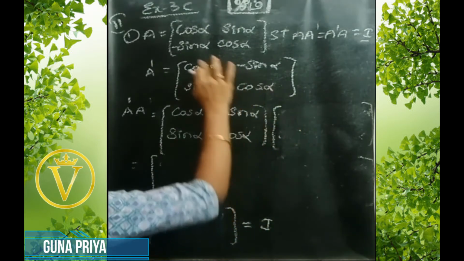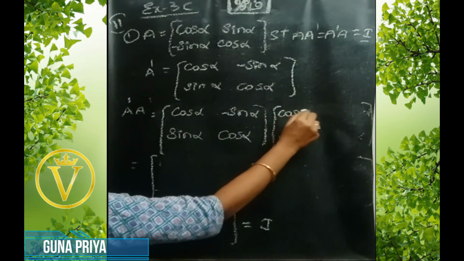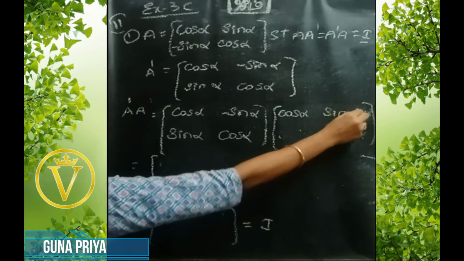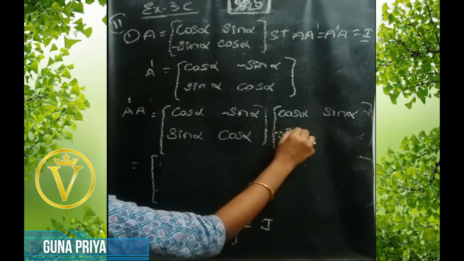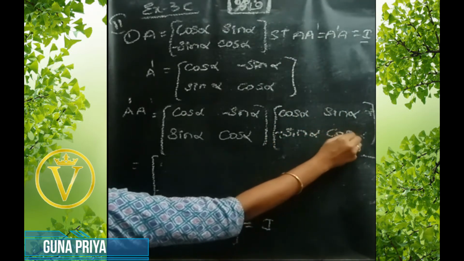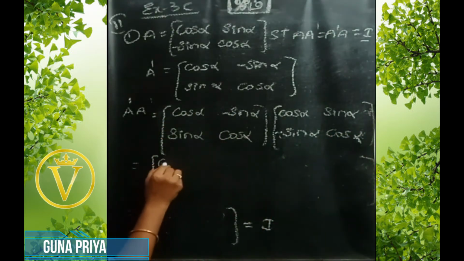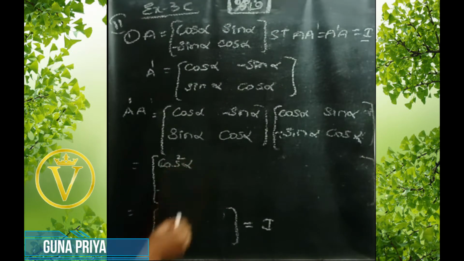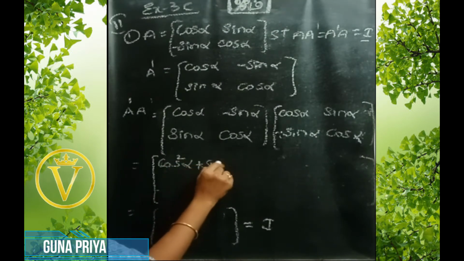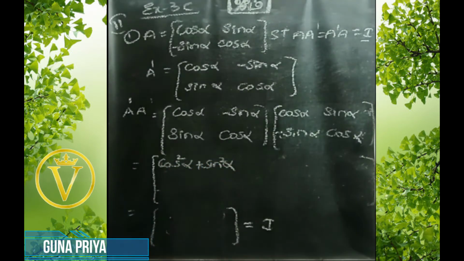A is cos alpha, sin alpha, minus sin alpha, cos alpha. Now multiply: cos square alpha plus sin square alpha.